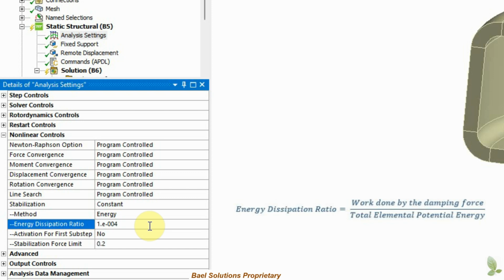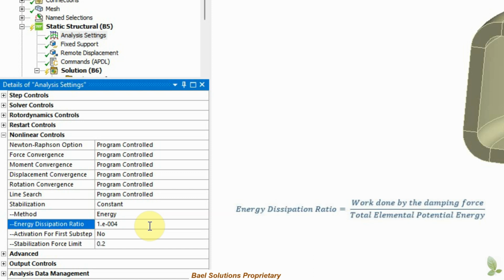The damping force will work to reduce the deformations. Energy dissipation due to the damping force can be imagined as the damping force multiplied by the deformations due to the damping force. This ratio of the two is the energy dissipation ratio.